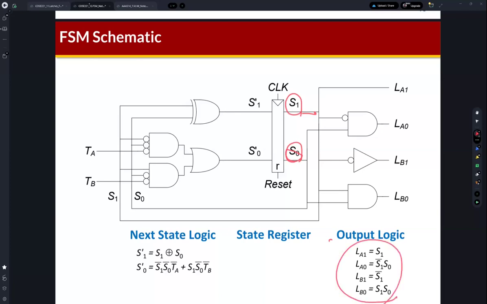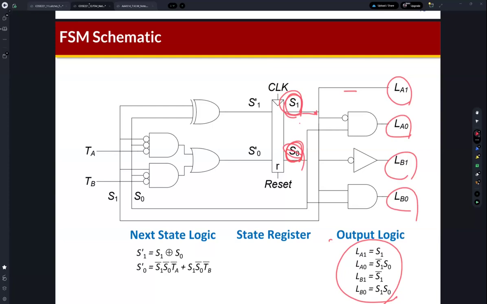So we can also generate the Boolean equation for these output signals, based on the S1, S0. So we can find that only S1 and S0 are used for generating LA1, LA0, LB1, LB0.